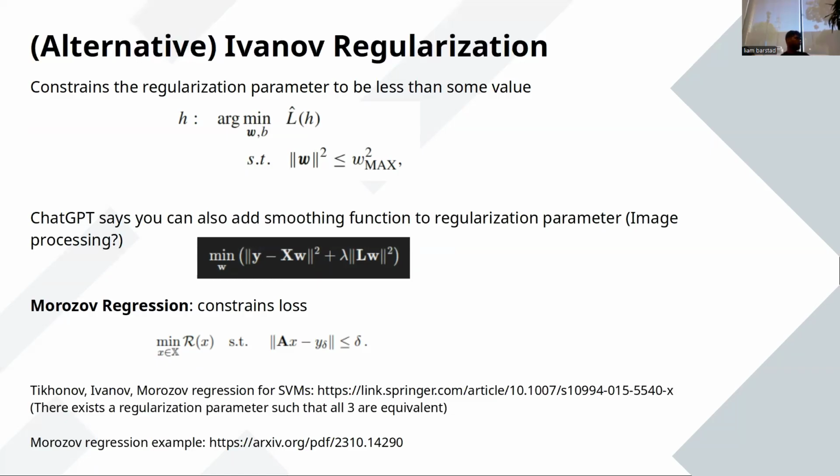This can be like a Laplace smoothing function of some kind. If we remember from linear algebra that this parameter is just a vector, and we have some matrix L that we're using here, then I wonder, apparently this is done a little bit in image processing. So I was curious if anyone had seen something like this before.